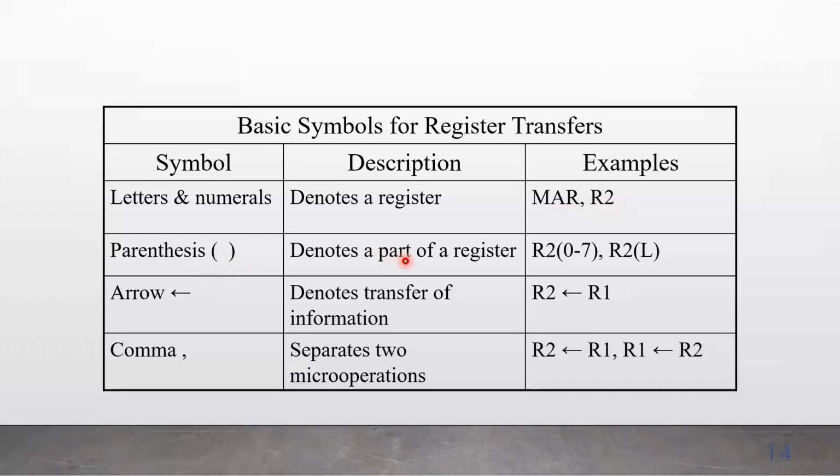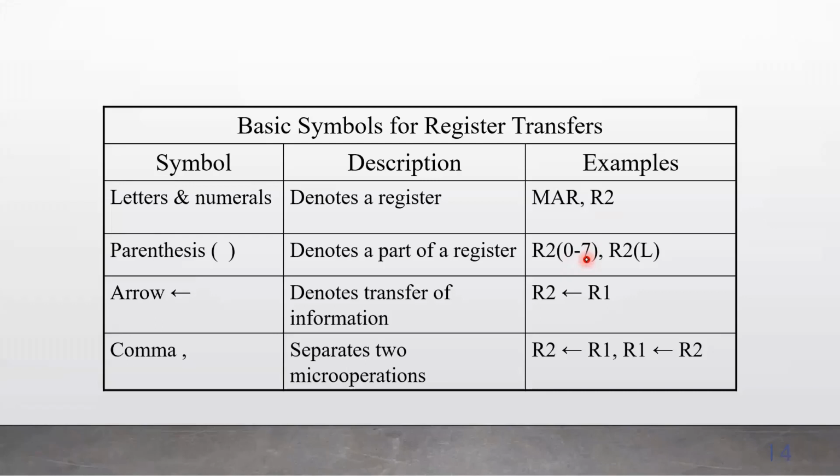For example, you want to denote some specific bits of the register R2, bits 0 to 7, starting from bit 0 to bit 7. We can give those bit numbers enclosing them in parentheses.